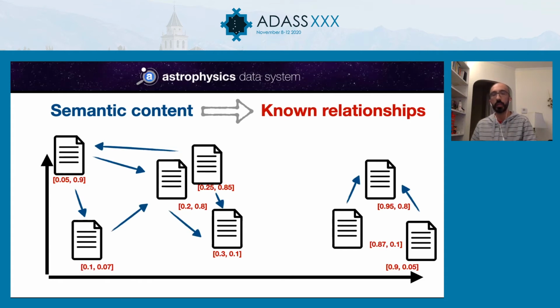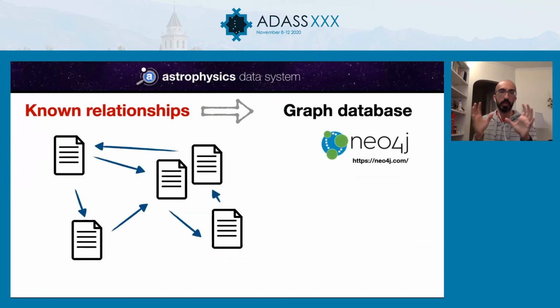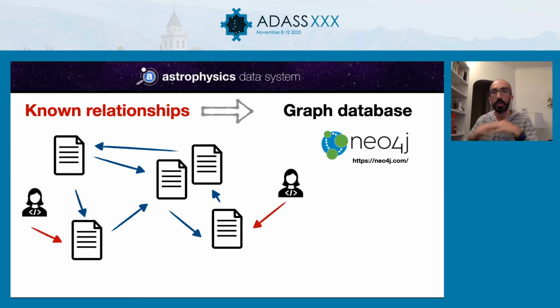So we thought it would be interesting to take these known relationships and import them into a graph database. Specifically, we are trying Neo4j, and here we imported this data with all these relationships plus other relations, like for instance this author created this paper, or this paper is about these keywords, and so on.